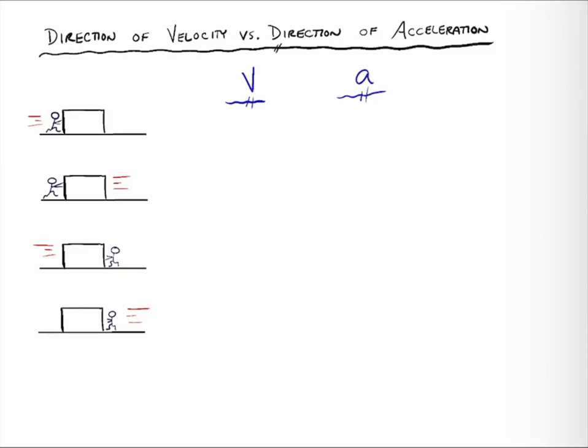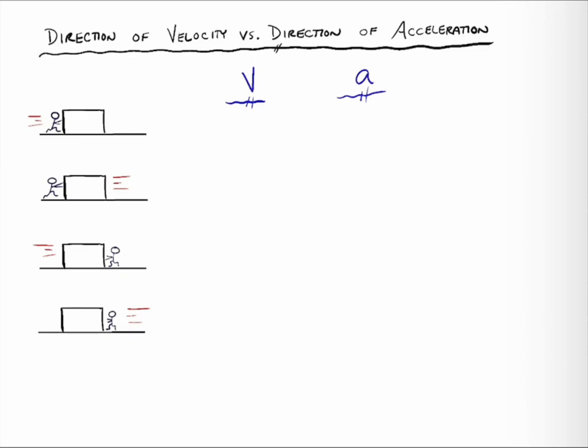In the second case, the block is sliding to the left, but the person is trying to push it to the right. So maybe they're trying to slow that thing down. In the third scenario, we have a block that's sliding to the right, but being pushed to the left. Again, that person's trying to slow that block down. And in the last case, the block is sliding to the left, the person's pushing to the left. They're trying to speed that thing up, let's say.